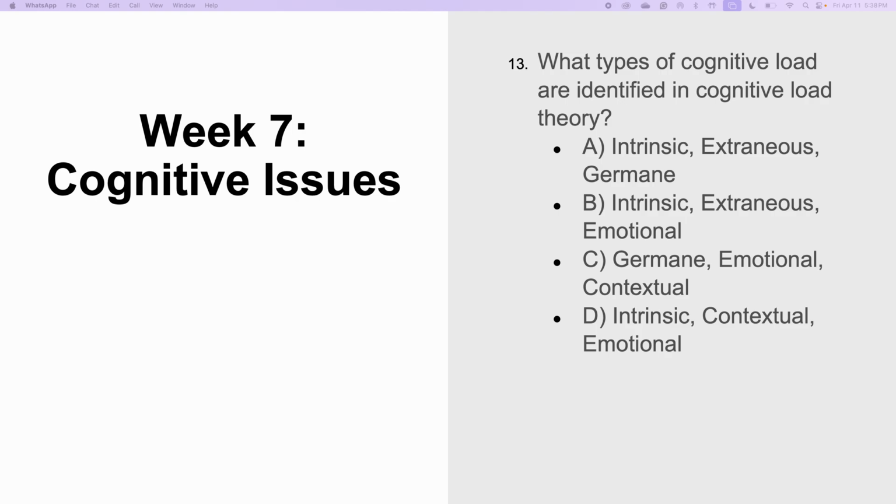Option A is intrinsic, extraneous, germane. Option B is intrinsic, extraneous, emotional. Option C, germane, emotional, contextual. Option D is intrinsic, contextual, emotional. What is the right answer?